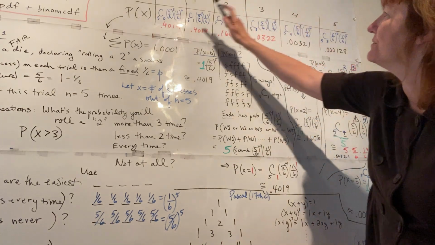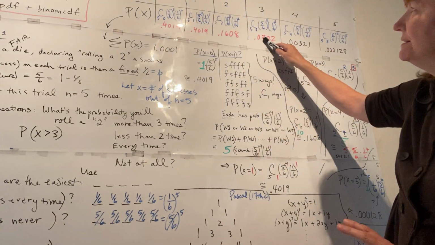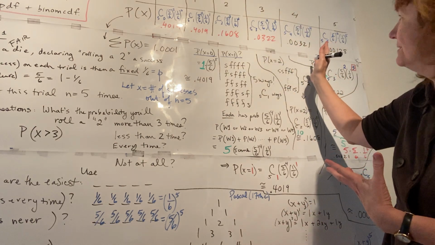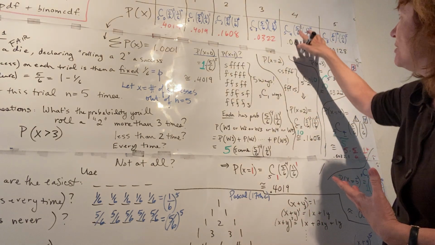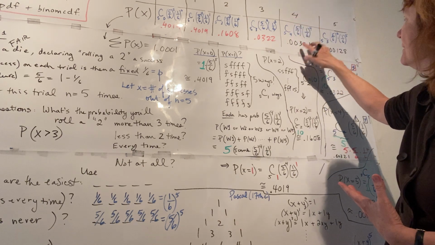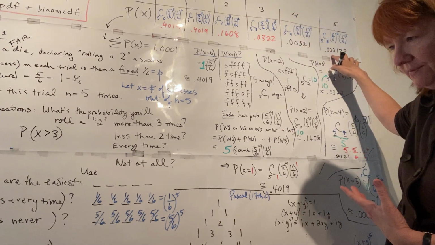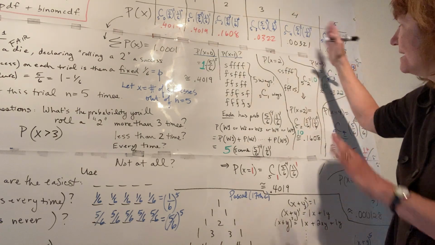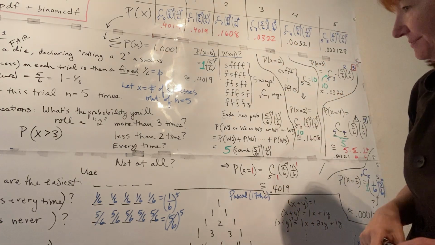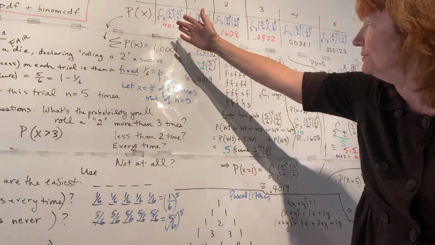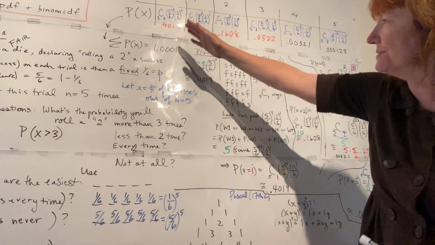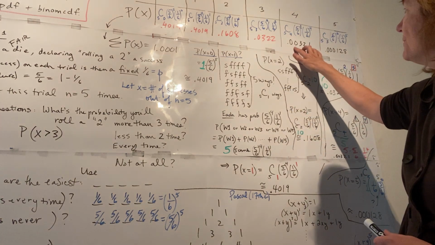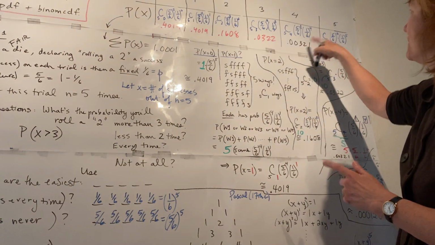Okay, so here's for 0, 1, 2, or 3 successes. But they're asking what's the probability that's more than that. So that means they're saying what's the probability that x was equal to 4 or x was equal to 5, right? Those are the only 2 possibilities other than being 3, 2, 1, 0. More than 3, strictly more than 3, means you're talking about this one or that one.